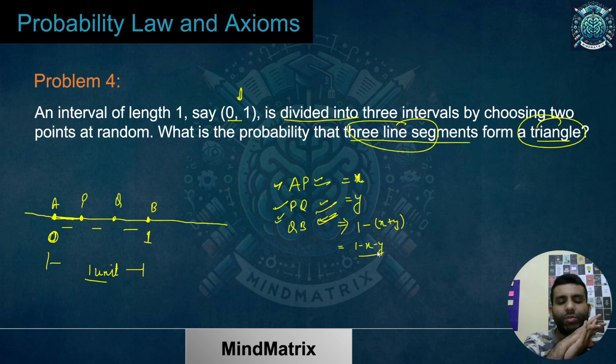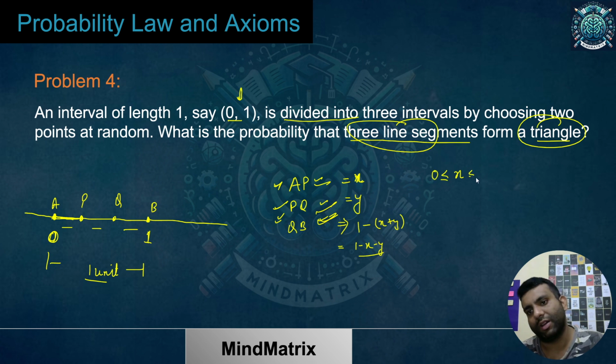Okay, so you know all the situation now. What can be this X value? Just tell me what is the possibility, as A and B is the interval between 0 and 1. So P will also be between 0 and 1, Q will also be between 0 and 1. But what must be the condition to partition this? The first thing, X must be between 0 and 1.